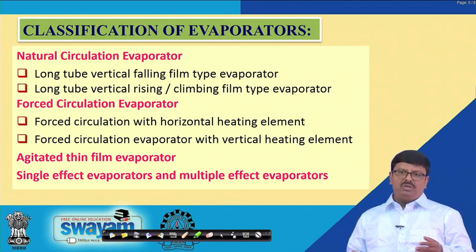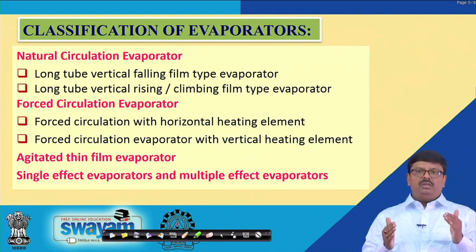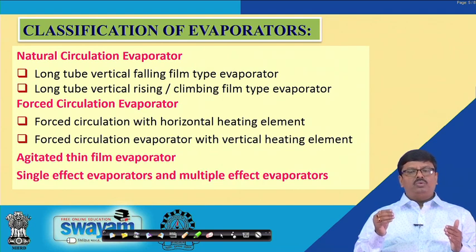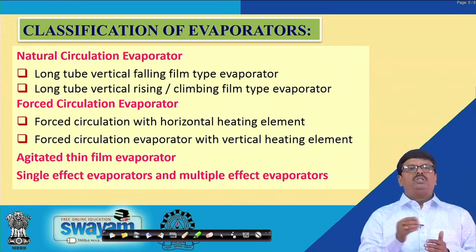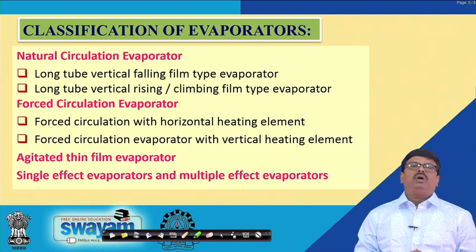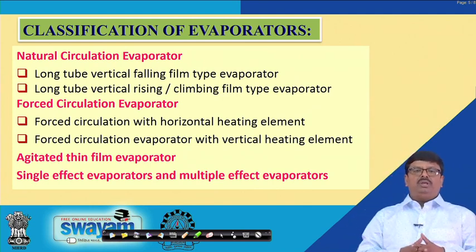In the case of the forced circulation evaporator, the circulation is done forcefully, where a pump is generally employed to cause the circulation. Under this category there are forced circulation with horizontal heating element and forced circulation evaporator with vertical heating element.